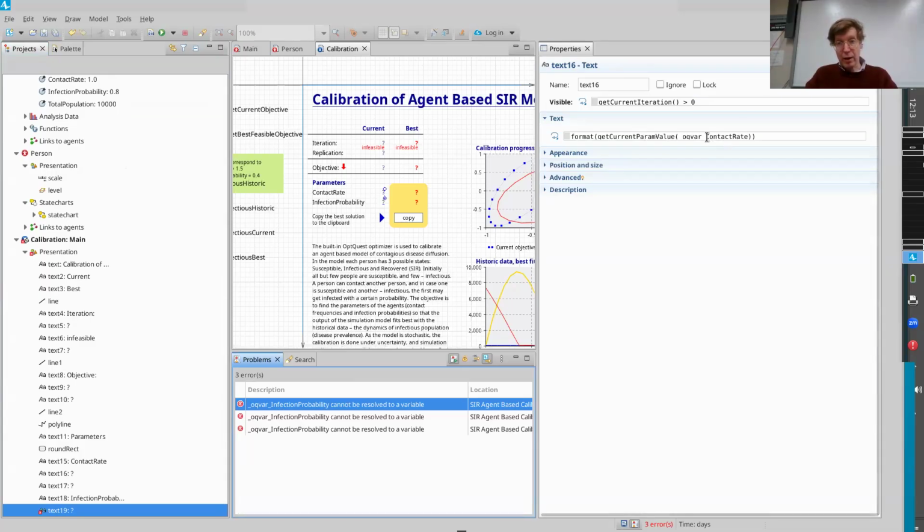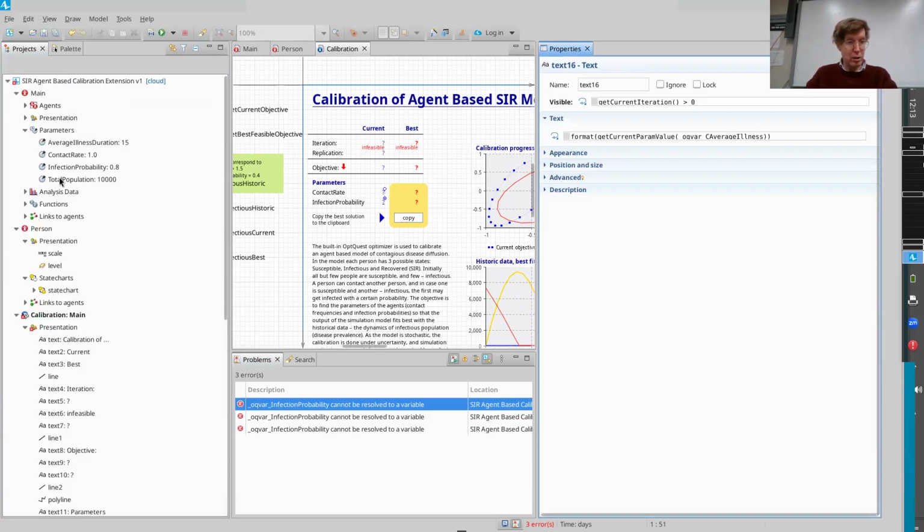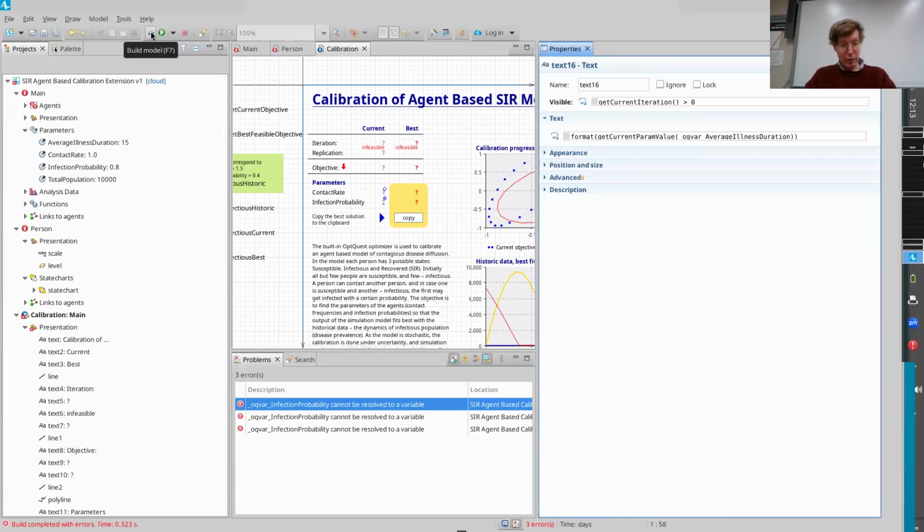And this is going to be average illness duration. Notice it's OQ var. Get rid of the C there. That was mine. All I did is I changed contact rate to be this. Let's see if it's happy with that. Again, a statement you never make within chemistry.